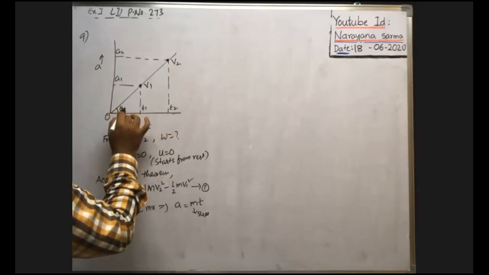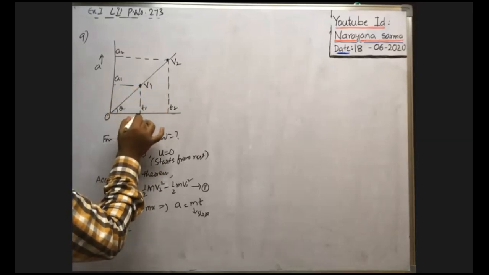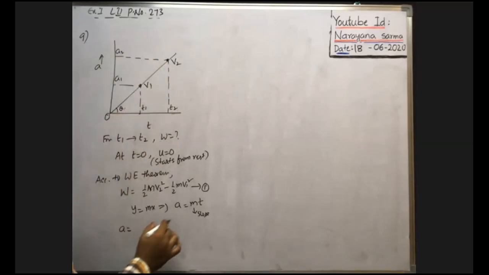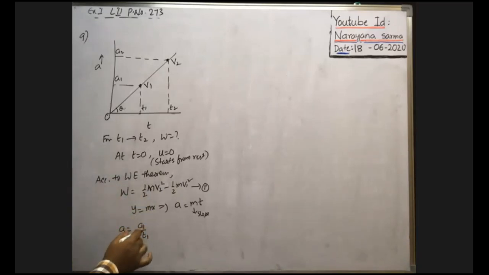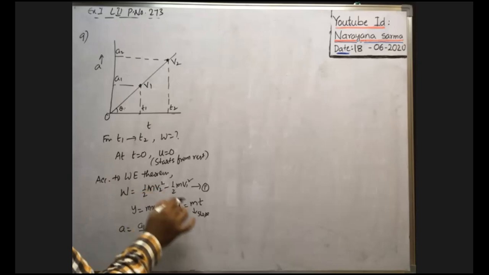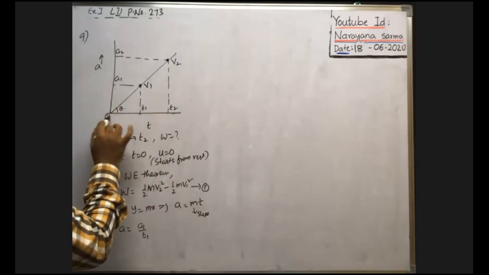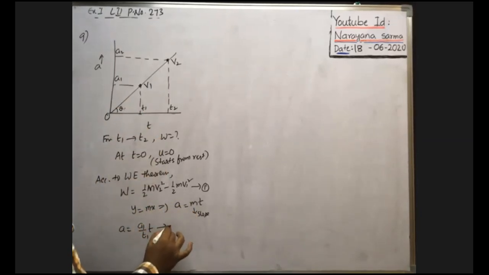Tan theta is equal to opposite side, this length a1, and adjacent side, this length t1, or we can take a2 by t2 also. That's why m is equal to a1 by t1, because the answer is given in terms of a1, t1 only, a2 is not there. So a is equal to a1 by t1 into t. This is the relation between acceleration and time.